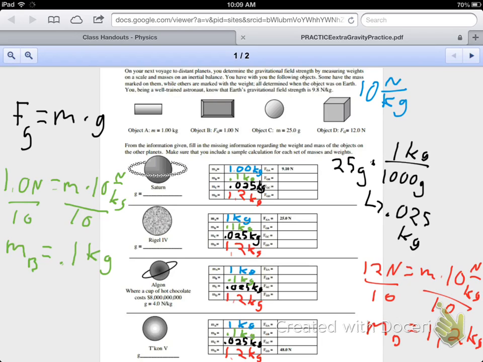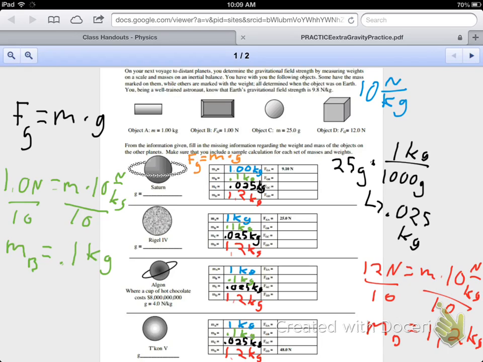So that means that we use force due to gravity equals your mass times the gravitational field strength, and we're going to use this equation the rest of the homework set. We're trying to find G.